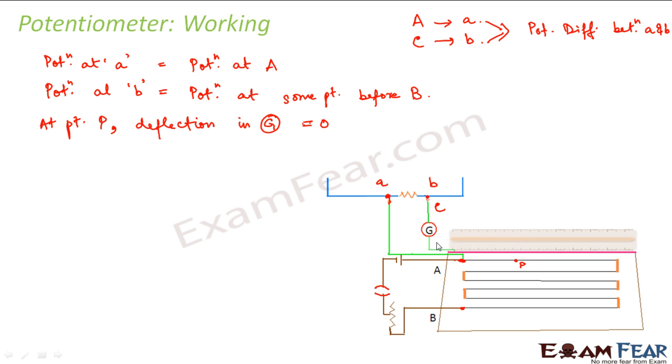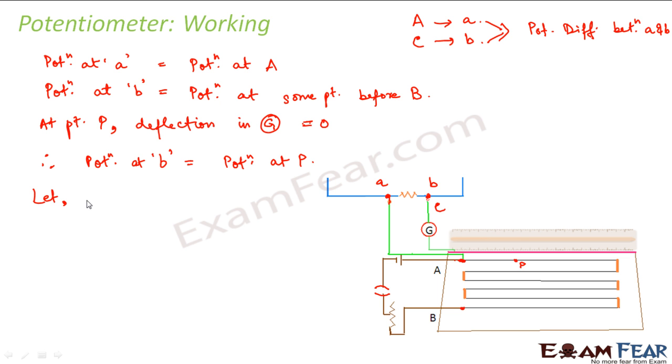Therefore, no current is flowing through this, which means the potential at point b is equal to the potential at point P.